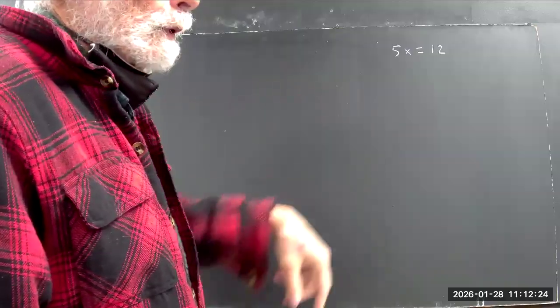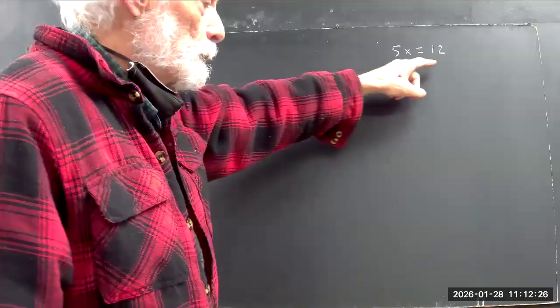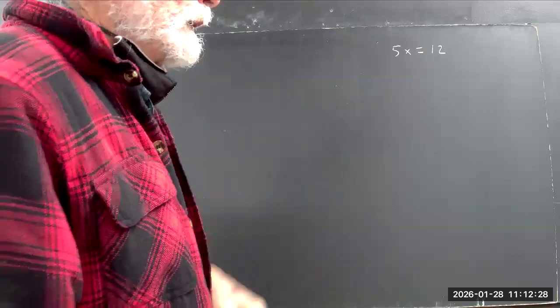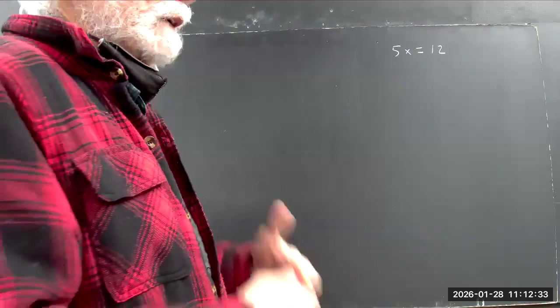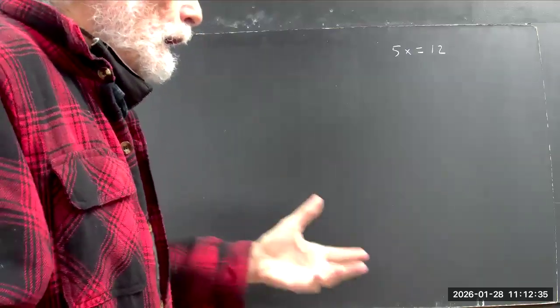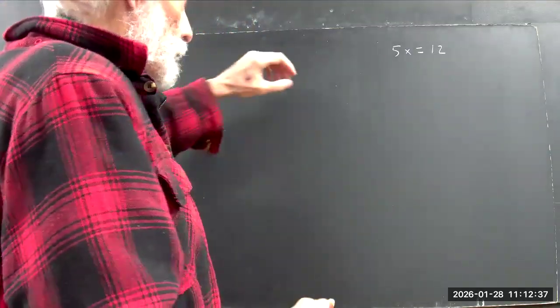Then we're going to write down a couple more equations because I think people will pretty much be able to do this one. But then we're going to get them a little more complicated just to get a good picture of how you solve linear equations in general.